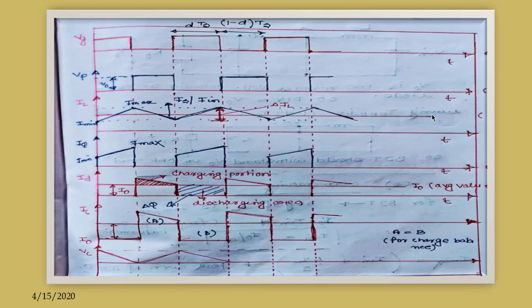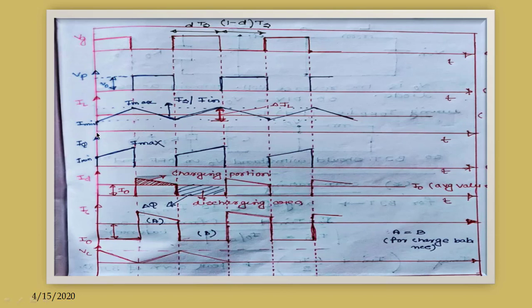Okay. Now this inductor current in total time period, this period is T on, this period is T off. So T on plus T off is the total switching period T. So this inductor current in this total time period consists of two parts.